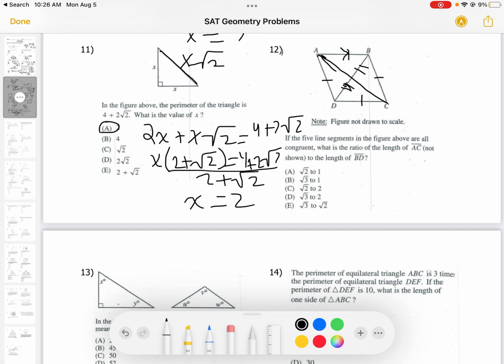And remember, these lines are parallel, right? Which means if this angle is x, well, that angle will also be x, right? Well, 180 minus x.